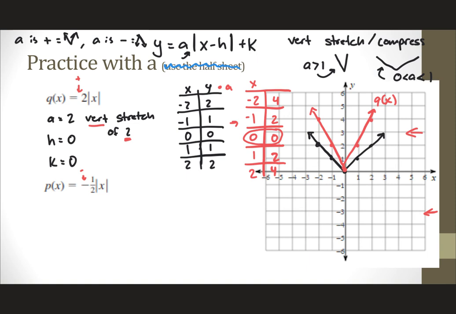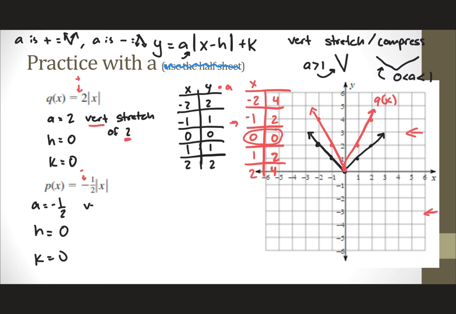All right, so let's do P of X. Here we go. I have that work. A is negative 1/2. H is nothing, so that's 0. And then k is nothing, so 0. They don't do anything right now. Okay, so I'm going to write out my transformation.